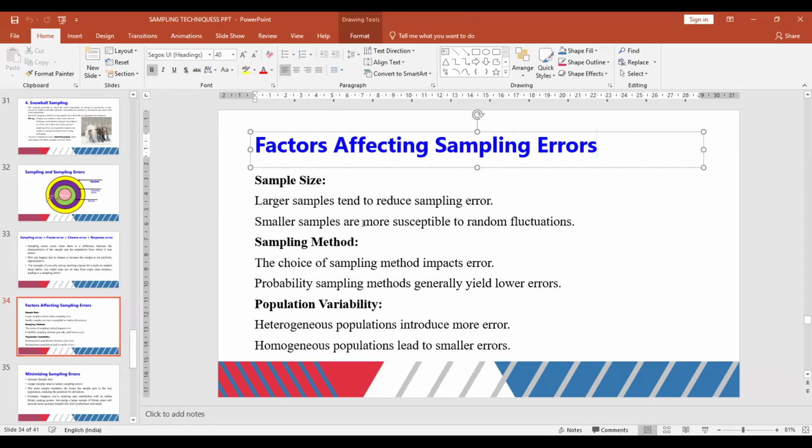Last one is population variability. It is an important factor affecting the sample. A heterogeneous population introduces error. Why?